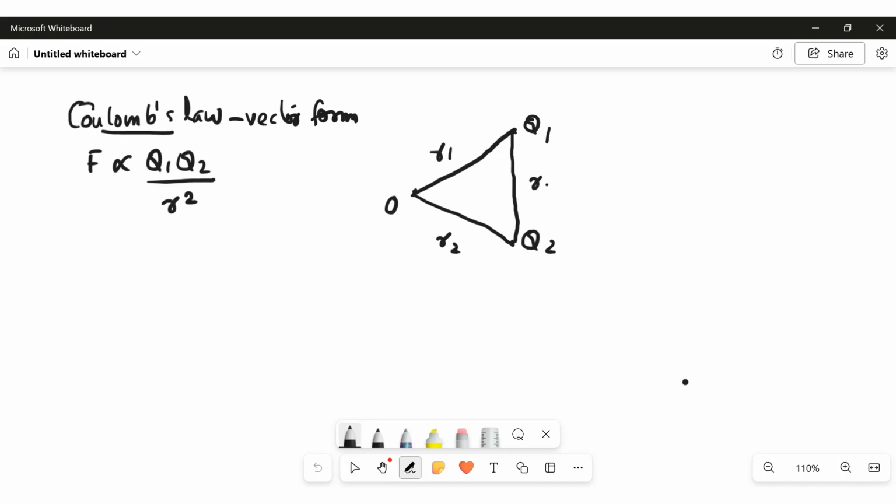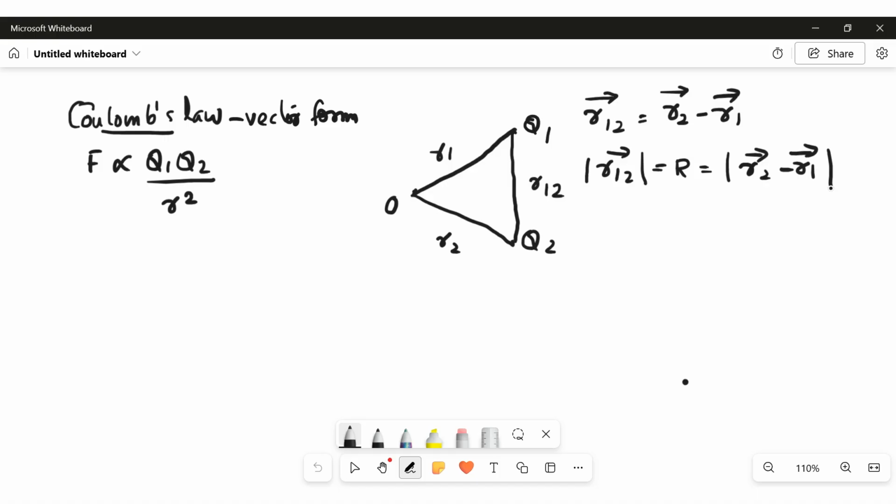That is, vector R12 is equal to position vector R2 minus position vector R1. Okay. So this R12 is equal to R2 minus R1, and the magnitude of R12, which we can take as capital R, is the magnitude of R2 minus R1.